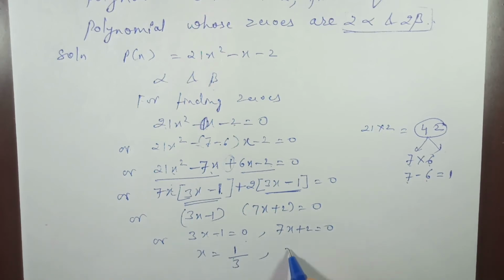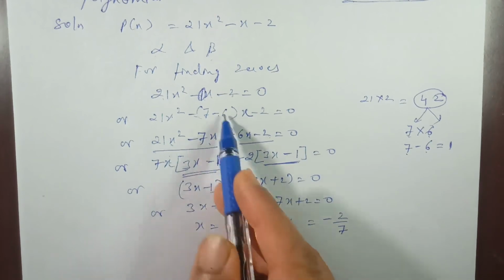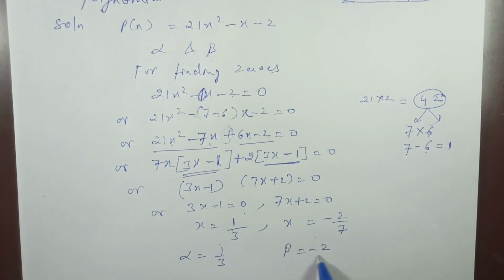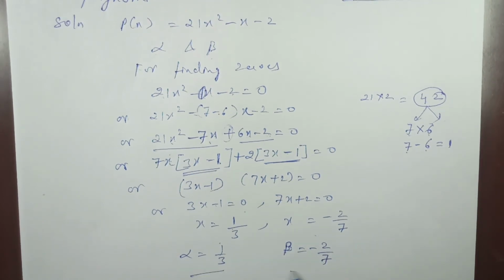One of the values is this, and from this another value is minus 2 by 7. So from this quadratic polynomial we get two zeros. Let one be alpha and another be beta. We get the values of alpha and beta.